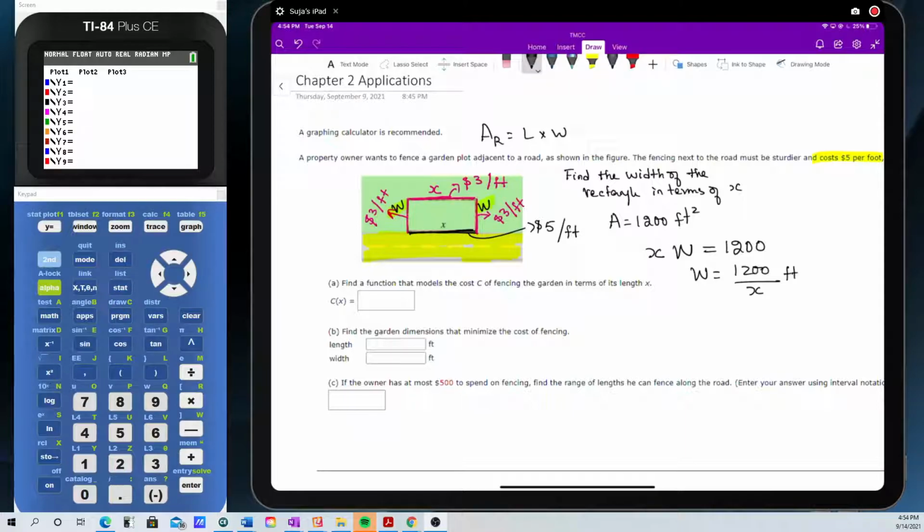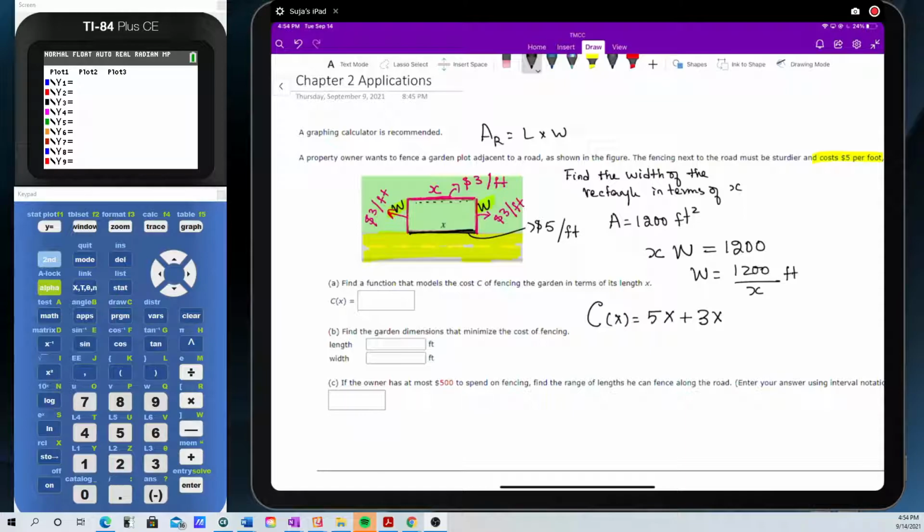Okay, now to write the cost function, the cost to construct 1 foot is $5 for the fence along the road. Therefore, if I have x feet along the roadside, then the cost to construct that side is going to be $5 times x. Plus, if I go to the top portion over here, this is another x, so it's going to be $3 per x.